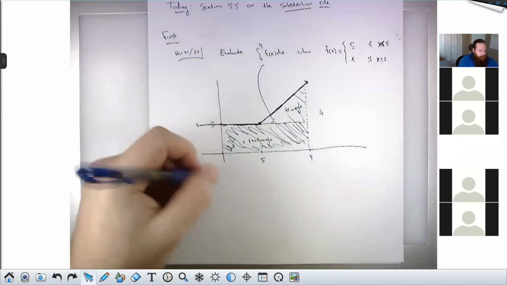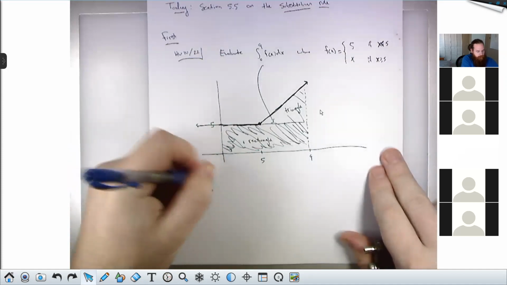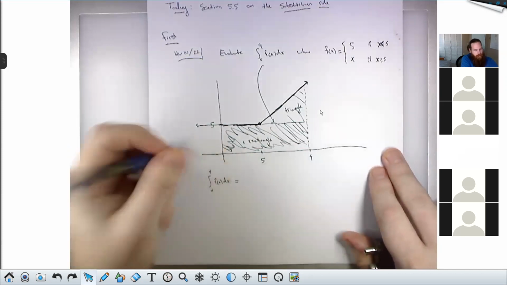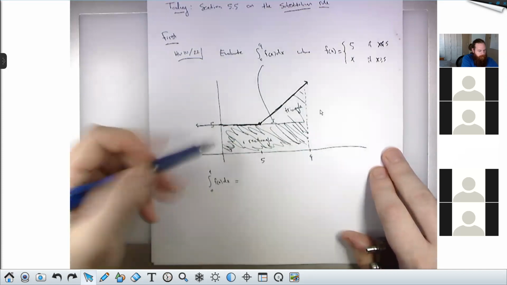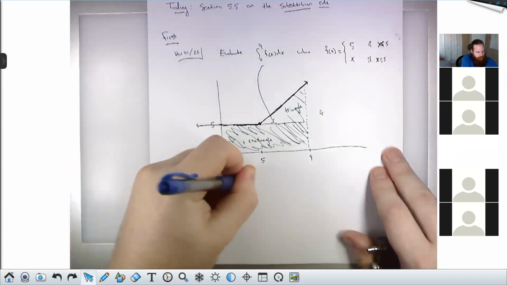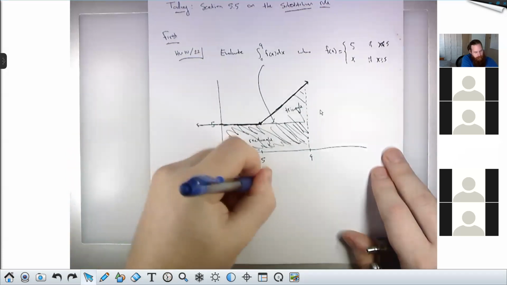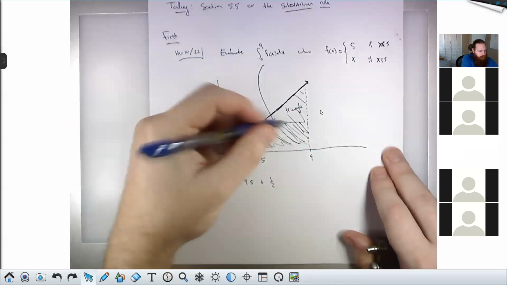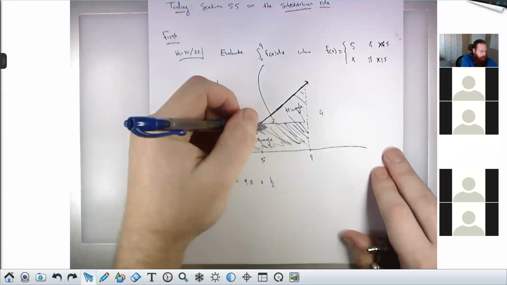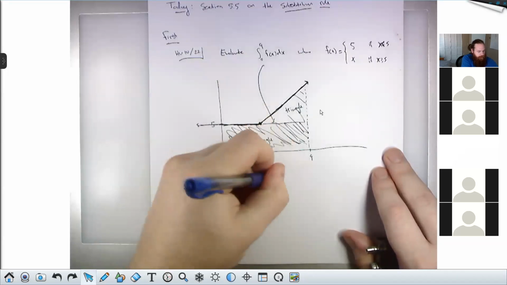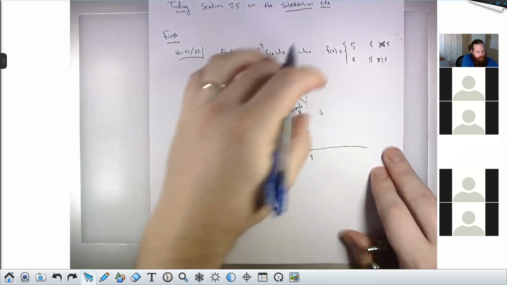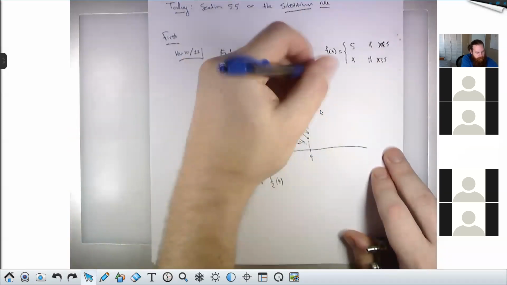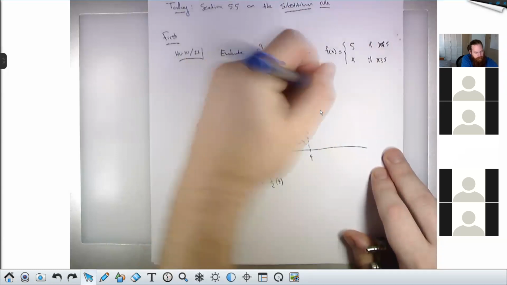The rectangle has a width 9 and a height 5. And then this triangle has a base here of 4, because that's the distance between 5 and 9. And a height here, well, we have to figure out what this point is. But this is f of x equals x, so the point is 9, 9.